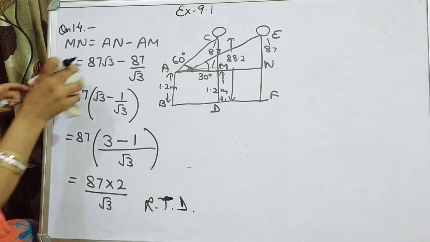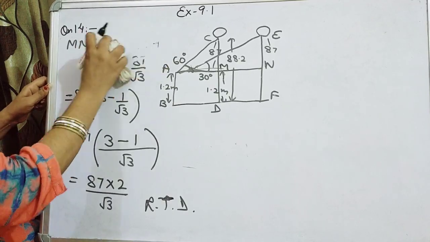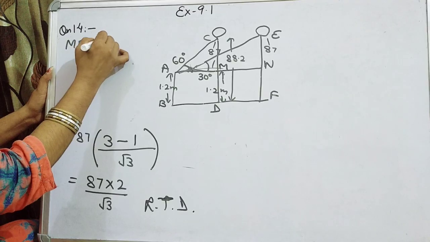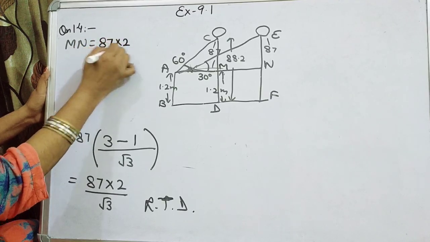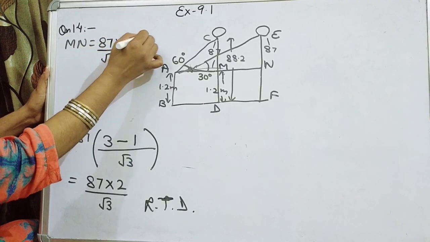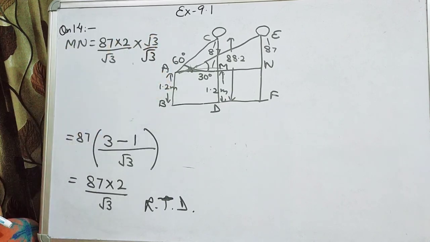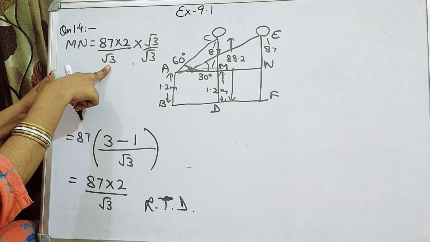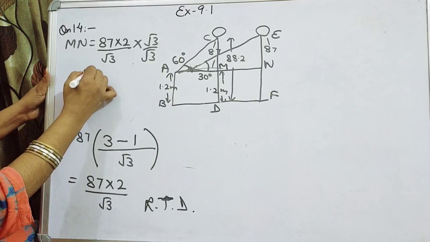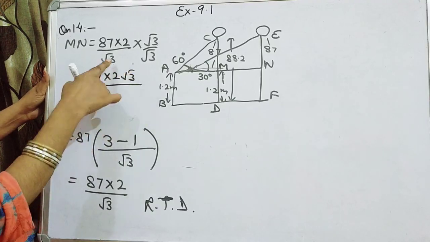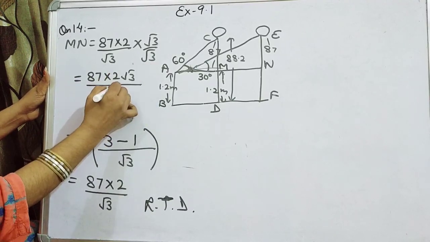We get MN as 87 into 2 by root 3, multiplied by root 3 divided by root 3. This is the process of rationalization, because I want to remove the root from the denominator. So 87 into 2 root 3 by root 3 into root 3, which is 3, right?